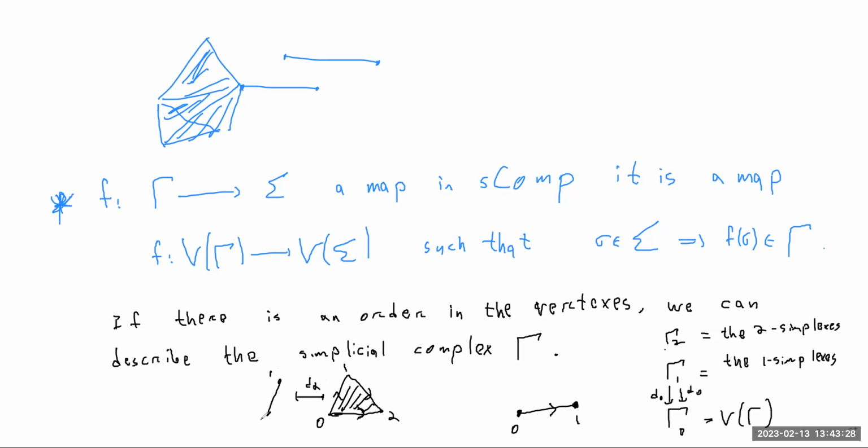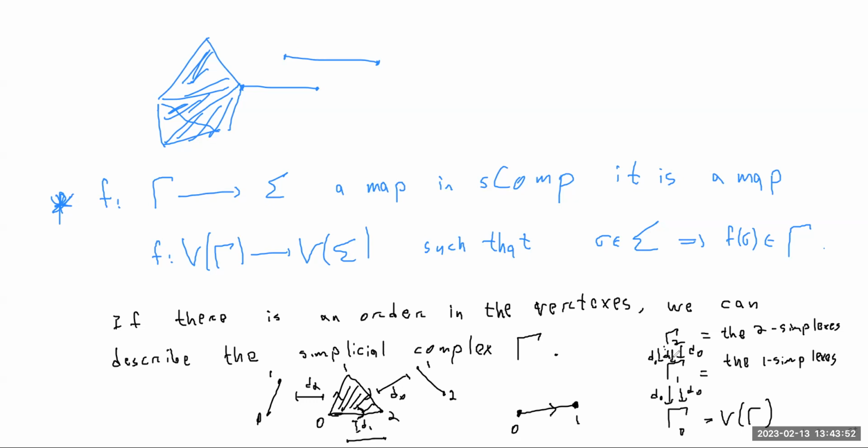That gives me this one here, because here we have all the one simplexes, so I need D0 and D1. Oh no, this is D0, it gives me this one, and there is another one here; if I apply D1, it gives me this one, okay? So I need here 3 maps to describe.